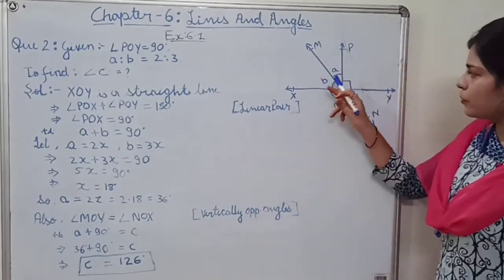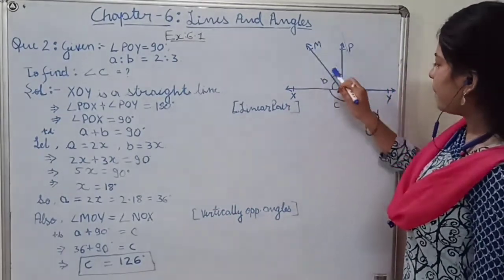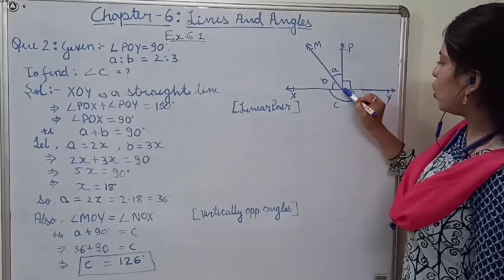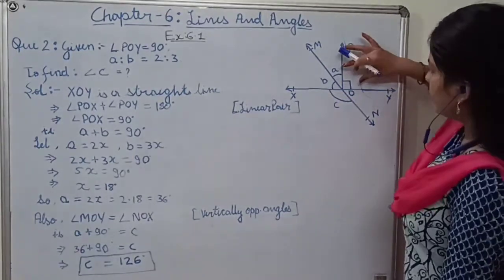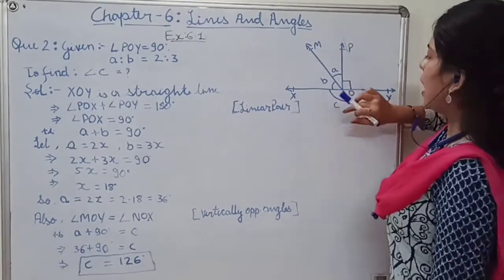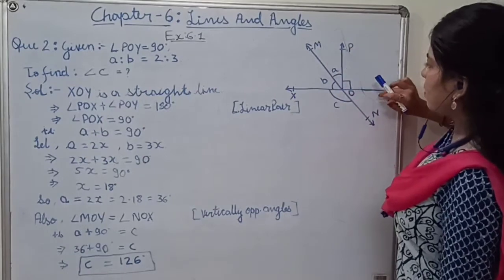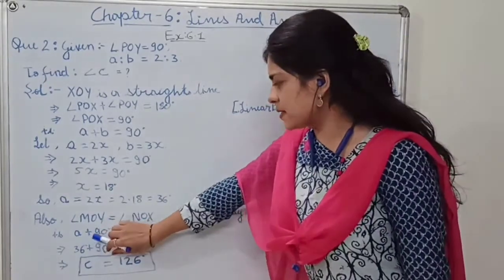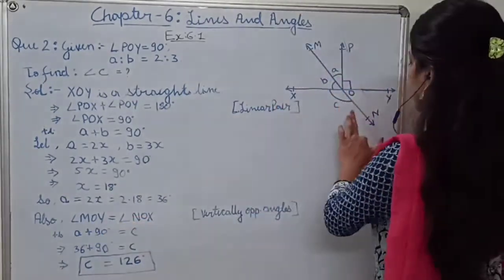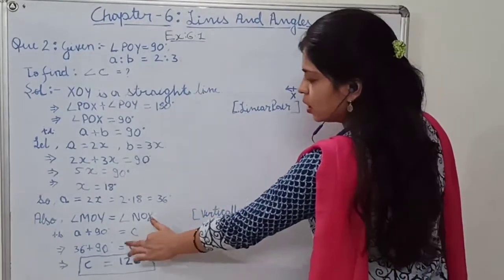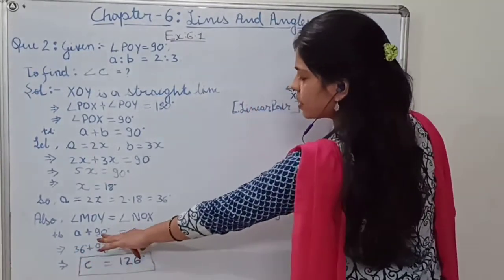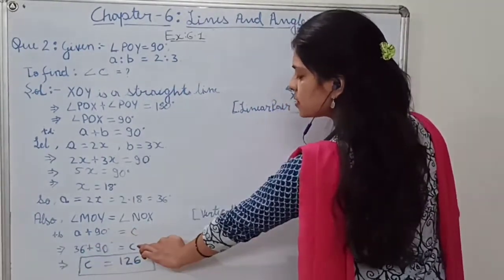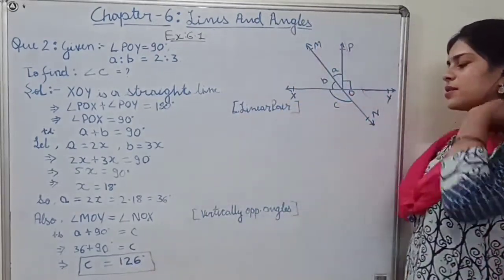As I explained before, angle MOY and angle NOX are vertically opposite angles, and angle MOY is the sum of POY and angle A. So MOY is A plus 90, and NOX is angle C. The measure of A was 36 and the measure of POY is 90, which is given in the question. So 36 plus 90 is angle C. So angle C is 126 degrees.